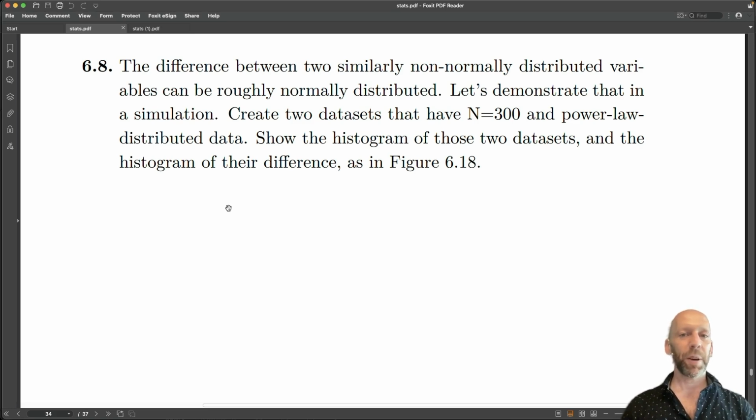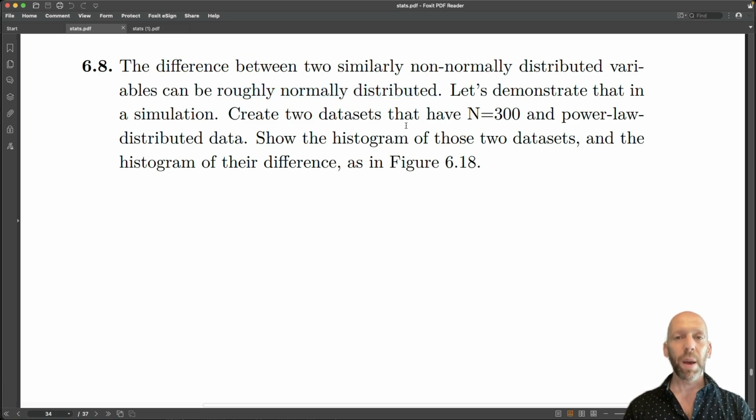Now, in this chapter, I've shown you linear transformations, nonlinear transformations, and multi-part transformations, where you apply a sequence of data transformations in succession. What we are going to do here is super duper simple. Basically, the difference between two non-normally distributed data sets can actually be roughly normally distributed. Now, that is not trivially the case.